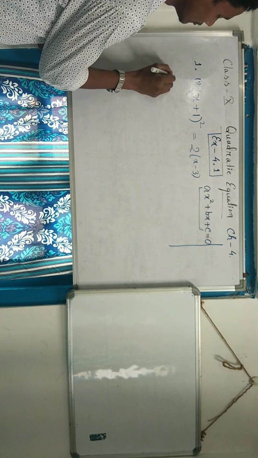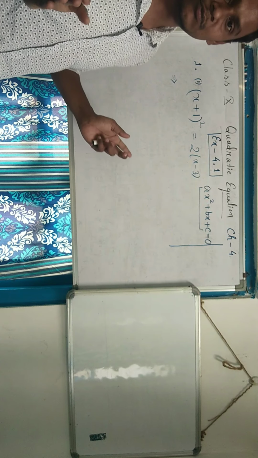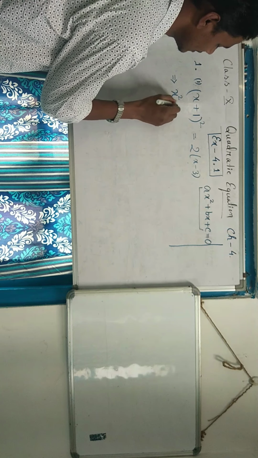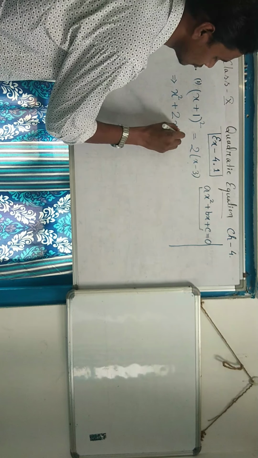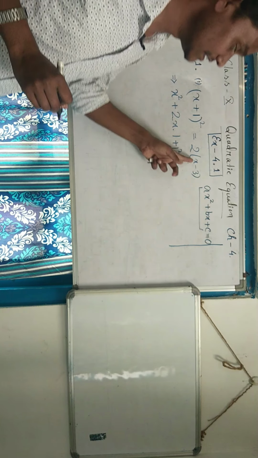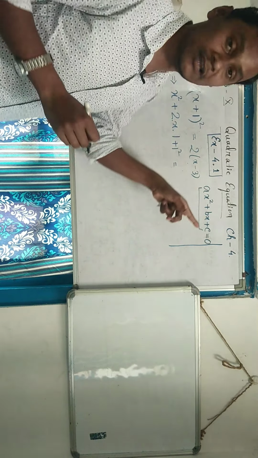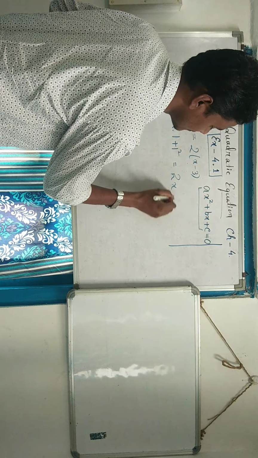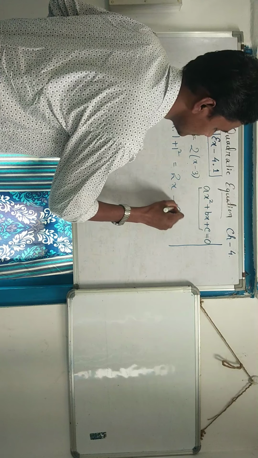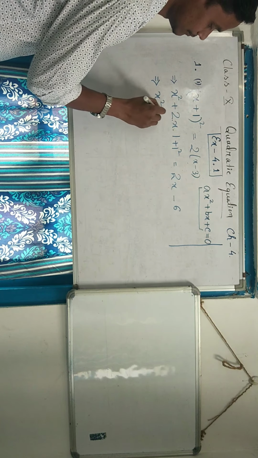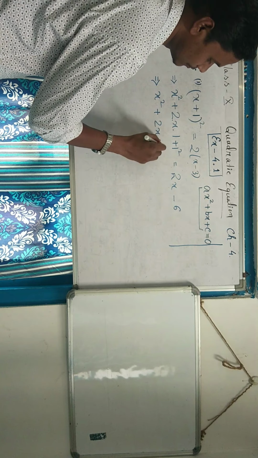Now first of all, for x plus 1 whole square we have to use the identity a plus b whole square, which will give us x square plus 2 into x into 1 plus 1 square, is equal to 2 multiplied by x, twice x, minus 2 multiplied by 3, that is 6. Now look here: x square plus 2x plus 1.